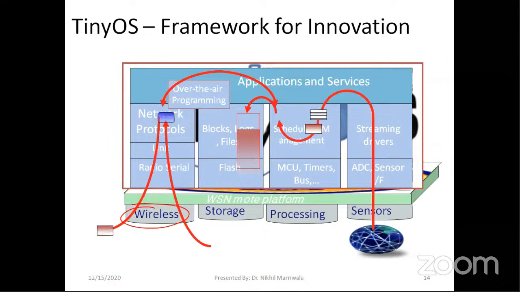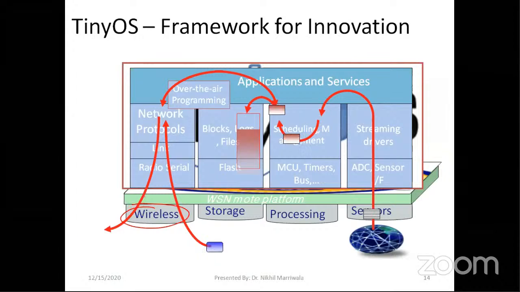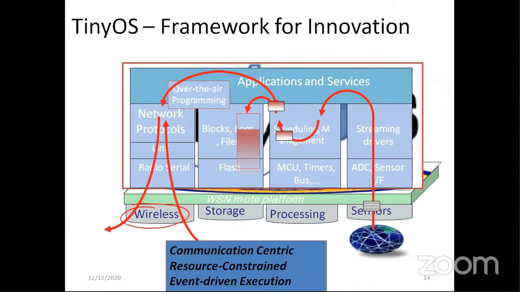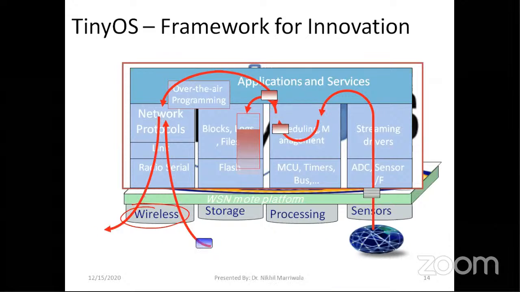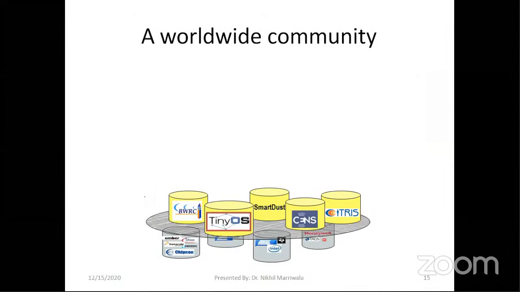From the storage also, the data can be wirelessly transferred through the microcontroller unit directly, right? So this is called communication-centric, resource-constrained, event-driven execution. Now this is the complete name, right?